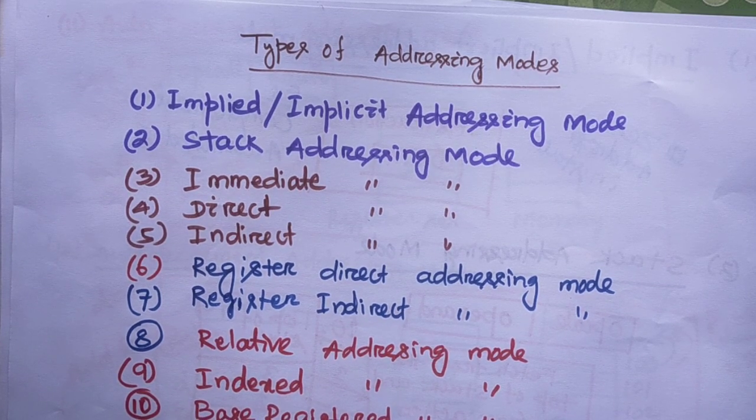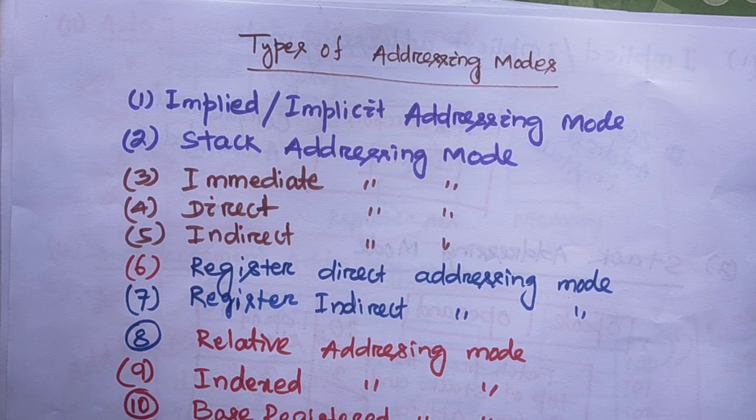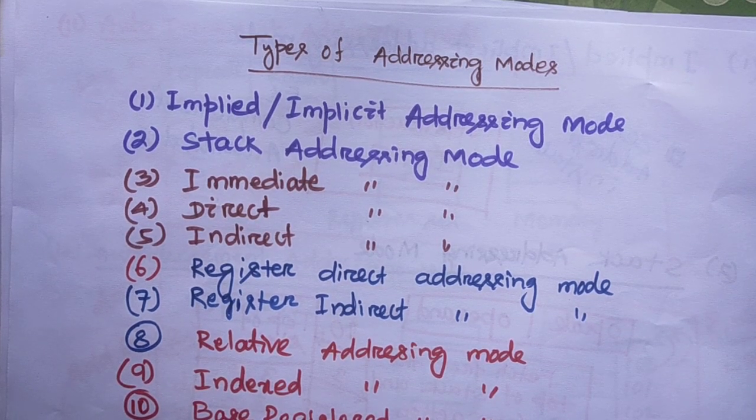Normally we use 12 types of addressing modes, maybe more, but 12 types are available, and I discussed all of them in a very simple way with different examples. I hope all of you understand all the concepts of addressing modes.